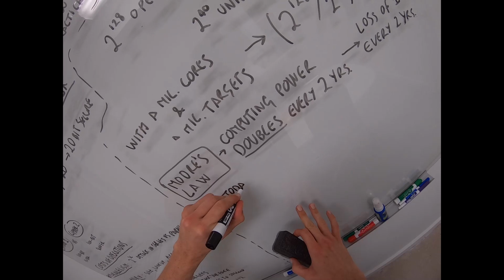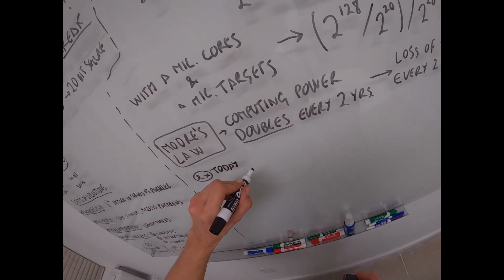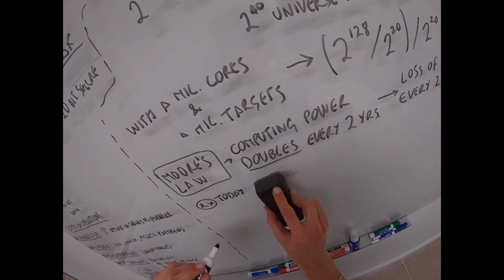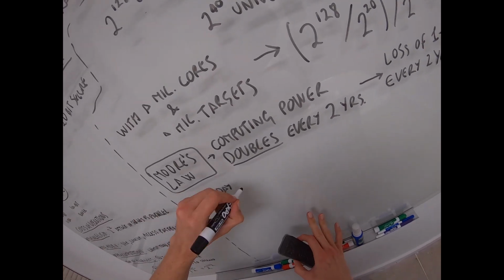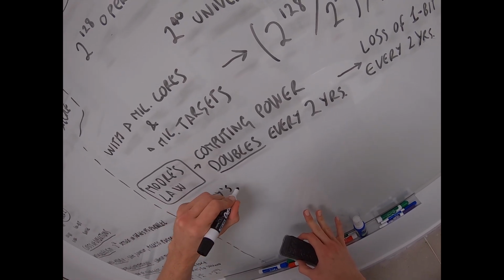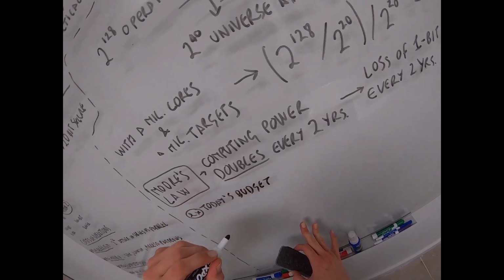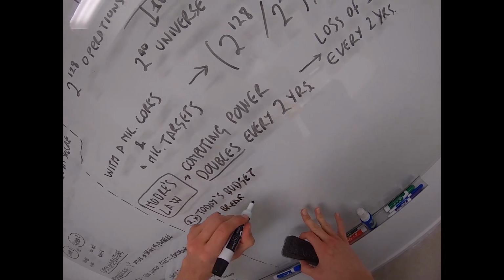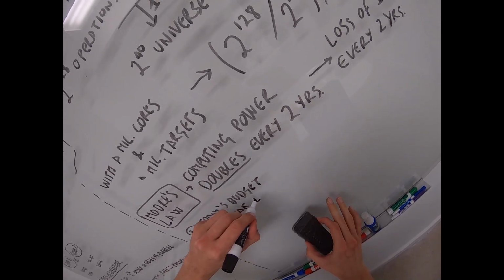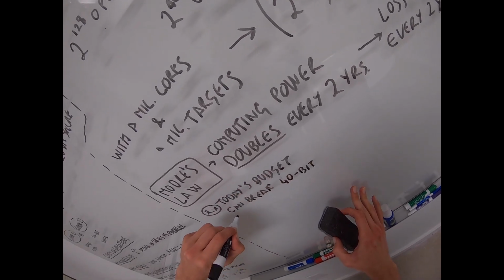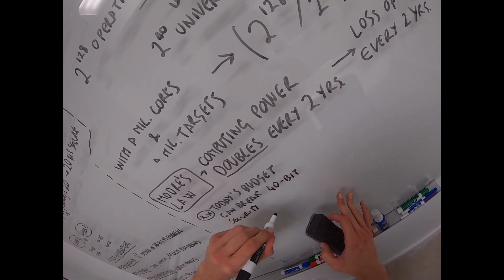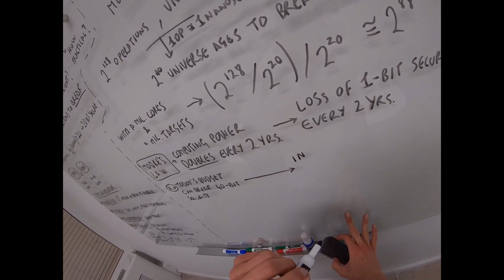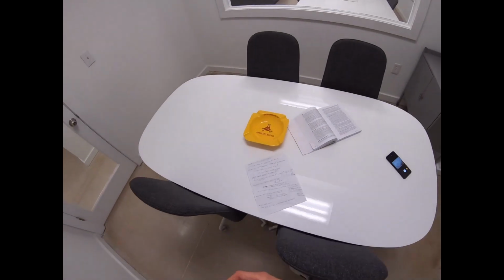Let's say today's budget can break 40-bit.